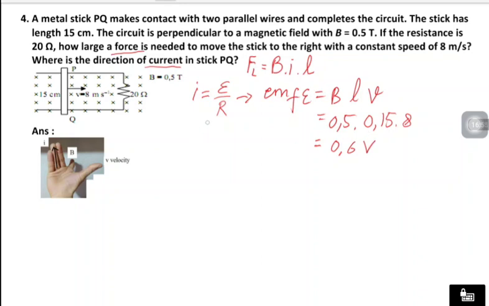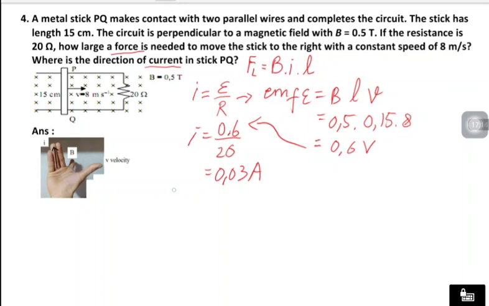Then we find the current I. 0.6 divided by 20. We got 0.03 ampere.